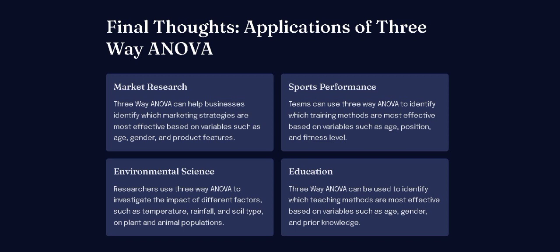And the last, education. Three-way ANOVA can be used to identify which teaching methods are most effective based on variables such as age, gender, and prior knowledge. And last, wassalamualaikum.